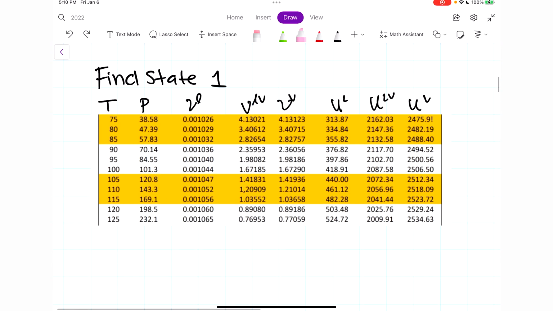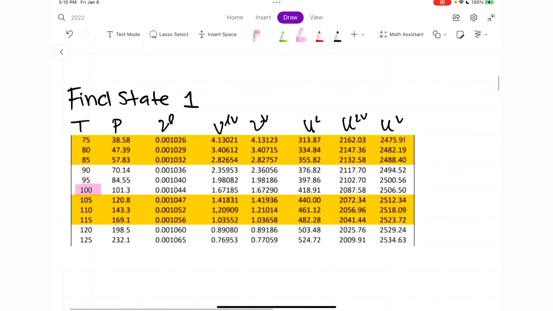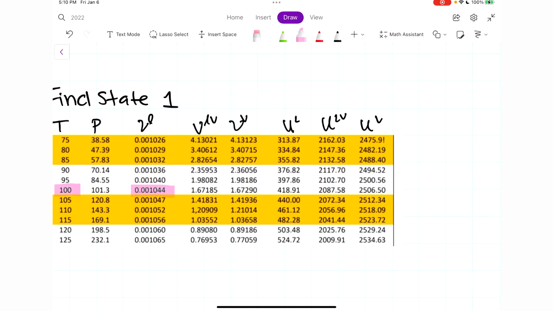And we see here that at 100 degrees Celsius, the specific volume of a saturated liquid is this guy right here, 0.001044. The specific volume for a liquid vapor is 0.167185. And the specific volume for a saturated vapor is 1.6729.